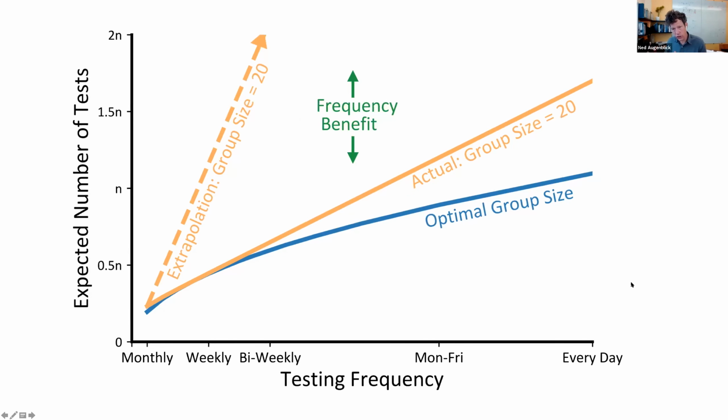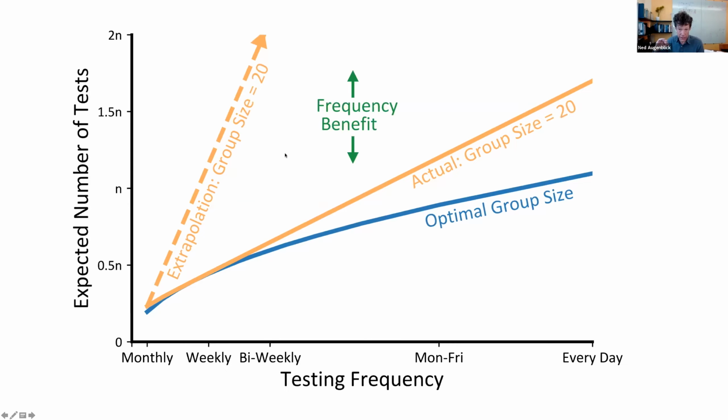Okay, just to again show this to you in some sort of graph. The idea is as you increase the testing frequency, which is on the x-axis, and you think about the expected number of tests, the dotted orange line is if you were to just extrapolate and say, as I did before, it costs 4.6 tests if I tested monthly, so I'm just going to multiply that times the testing frequency.